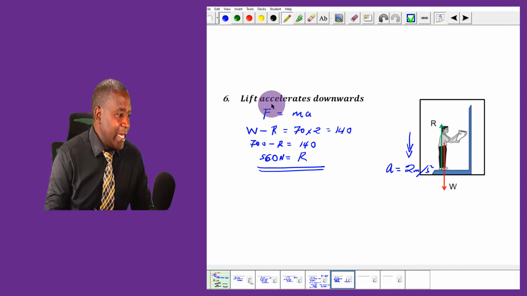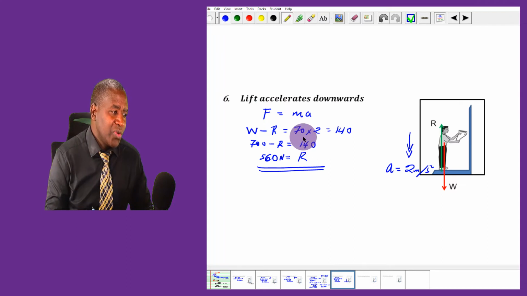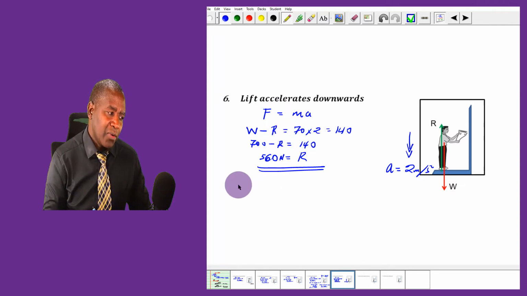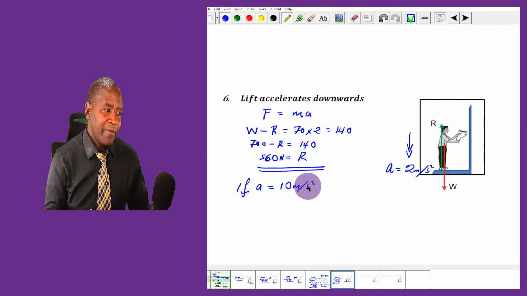And before I leave this one, how about if the acceleration of the lift downwards is 10 meters per second squared? What will happen? Let's substitute our values here. My W is 700.